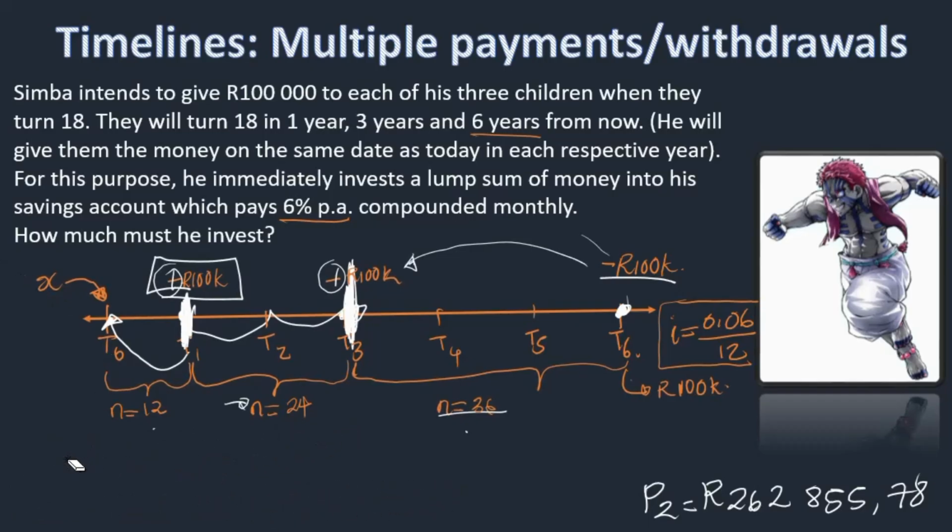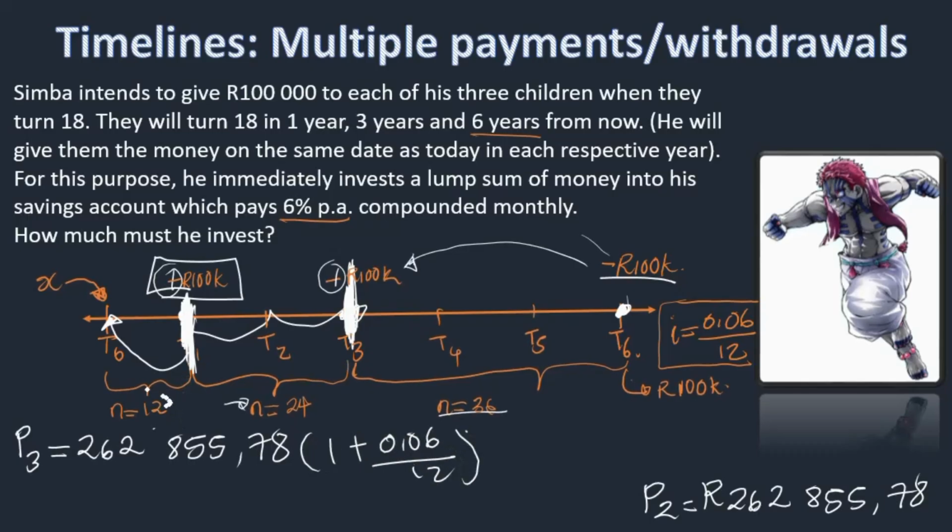My final principal amount here will be, I'll be using this because I'm here now. At this point, I have 262,855.78. I'm counting backwards with the compound interest formula.